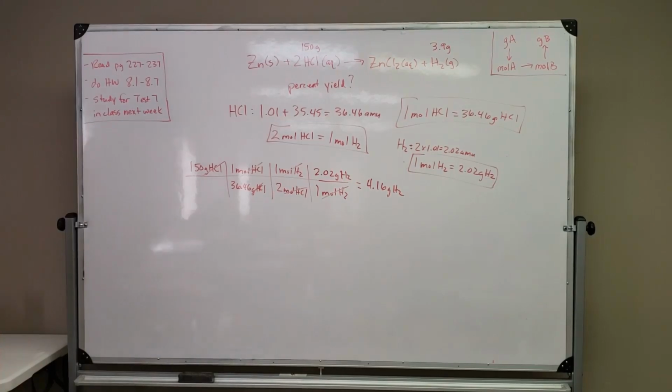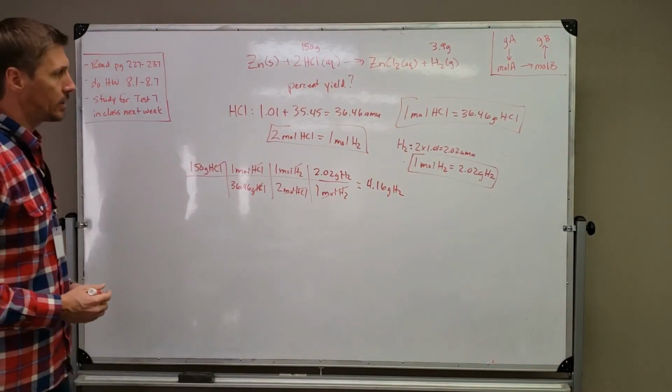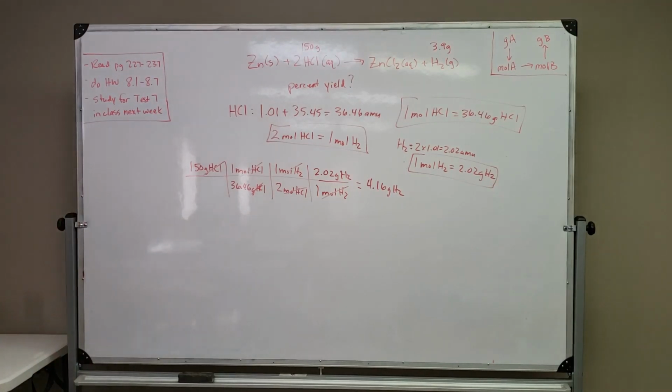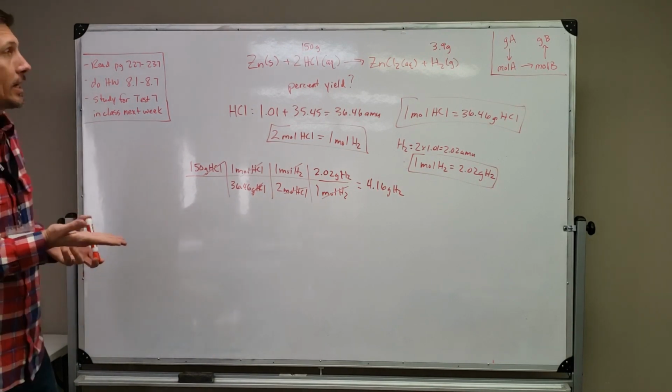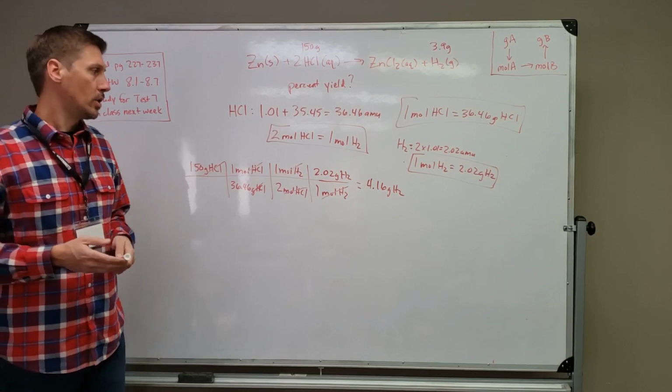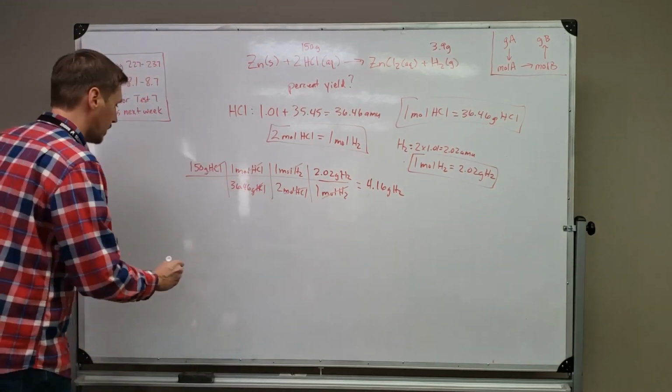All right. So that is what value? In our percent yield equation, what value is that? That's the theoretical. That's what we expect to get, right? Like I said, normally you don't get what you expect, you get less. So this is what we expected to get.